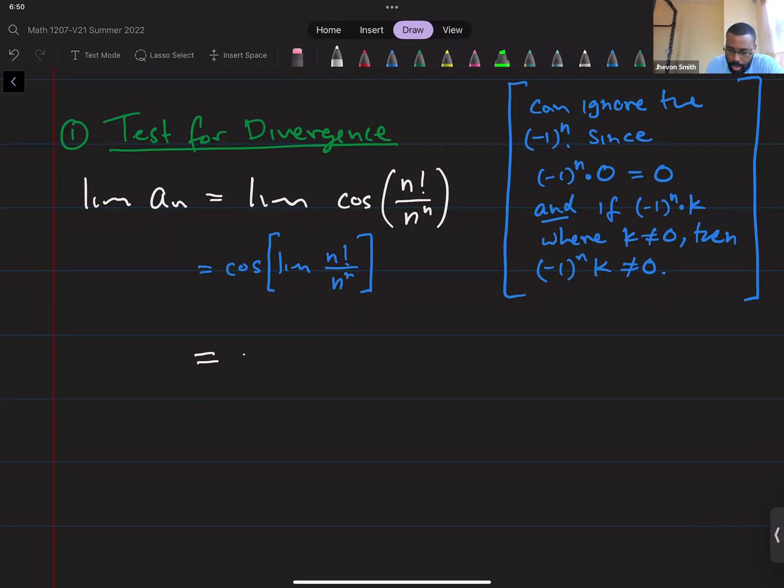So yeah, this is cosine of 0. Because remember, logs are much smaller than polynomials, much smaller than exponentials, much smaller than factorials, much smaller than n to the n. So n to the n is bigger as n goes to infinity than n factorial. So this is bottom heavy.